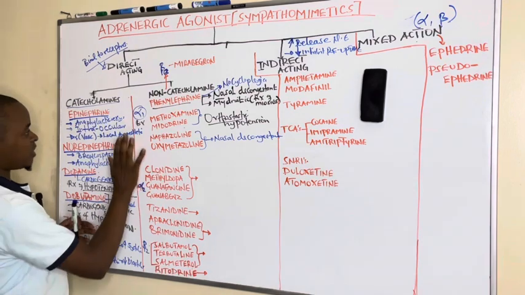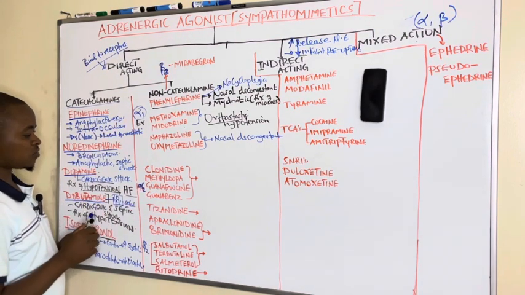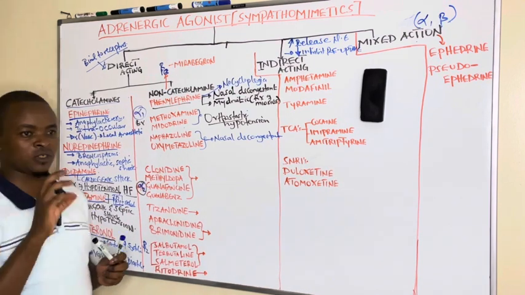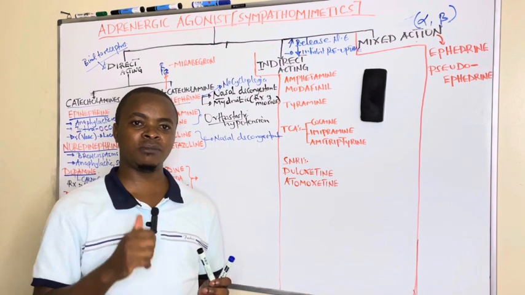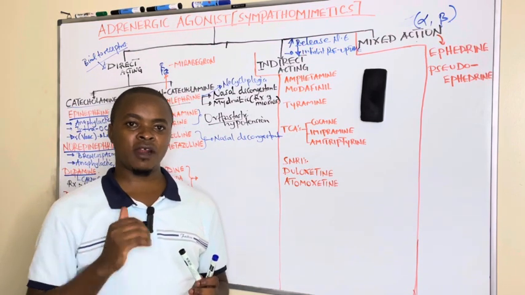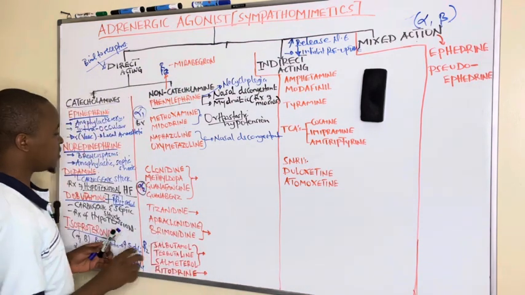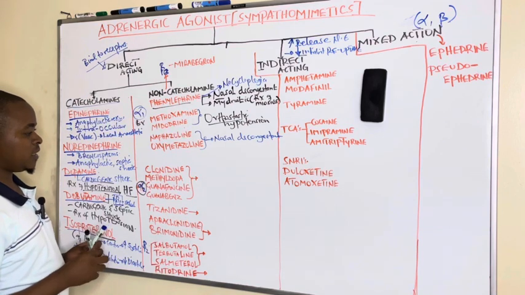Then after finishing alpha 1, we are now going to look at those which act on alpha 2 receptors. And we know that alpha 2 receptors are found presynaptically, and their major role is to inhibit production of norepinephrine. So it is inhibitory. So we're going to see these drugs causing an inhibitory effect when applied.